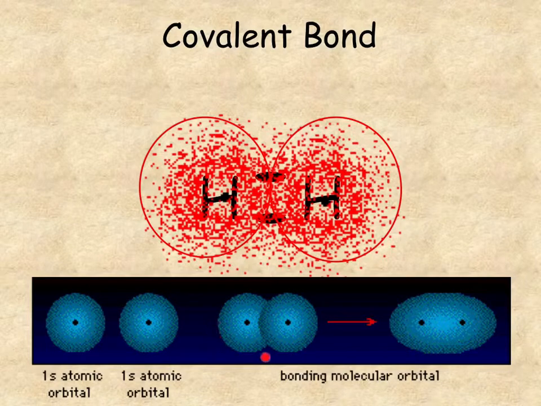And then we overlap them as they get together. And you can see here is where the actual bond is going to start to form. And then when we do that, we make a hybrid s orbital with the two 1s orbitals coming into play. And then that's represented by this here. So the maximum density is around this area in here, which is represented by this area in here. And then you see a little bit less density out here, which is represented by the lesser darkness here, or the lesser lightness there.